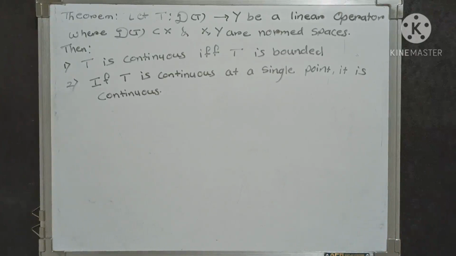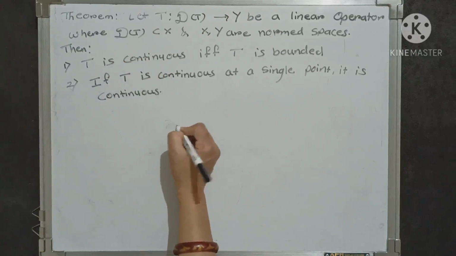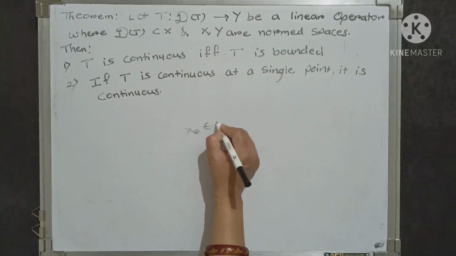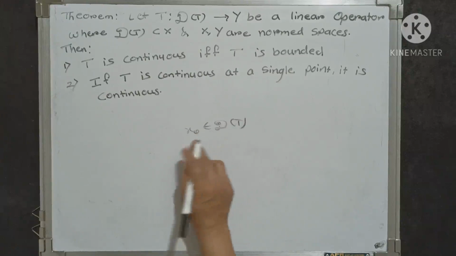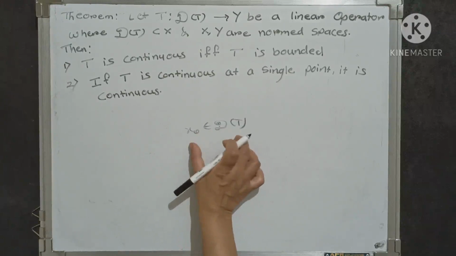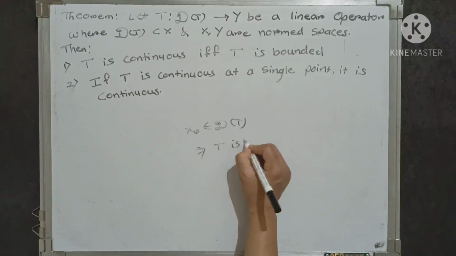Now continuity of T at a point implies the boundedness of T, as we just proved, because we started with T continuous at any point x naught belonging to D(T), and using this we proved that T is bounded.